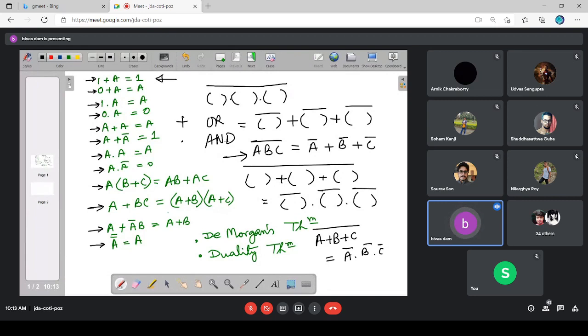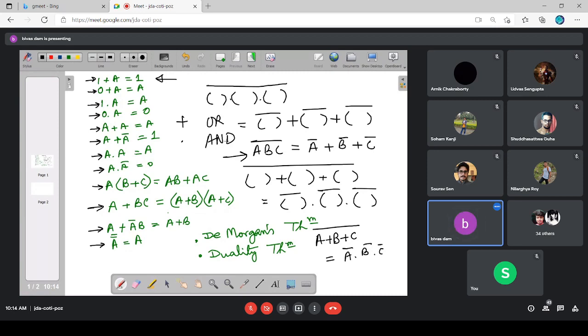And the AND operation will provide a true output only if all the constituent parts of the AND operation are true. If I have the AND of three variables, and all three individual variables are true, then only the AND output will be true. In case any of the constituents becomes false, the AND output will be false.